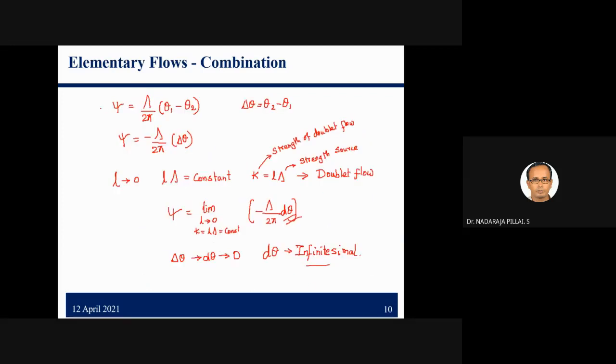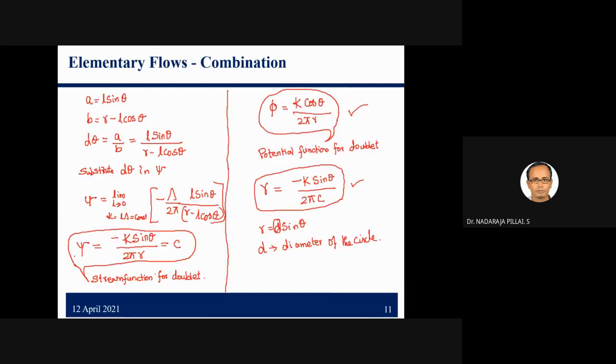So we wrote the stream function and arrived at minus kappa sine theta by 2 pi r, that is equal to constant. And in a similar fashion, we can calculate the velocity potential, that is kappa cos theta by 2 pi r.